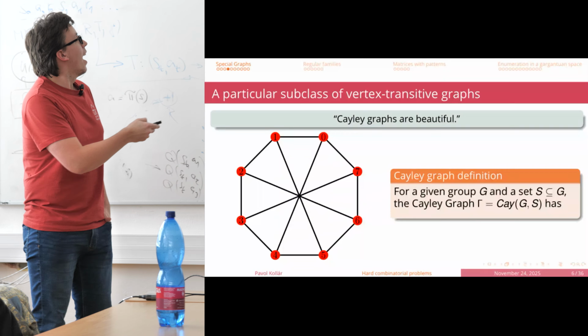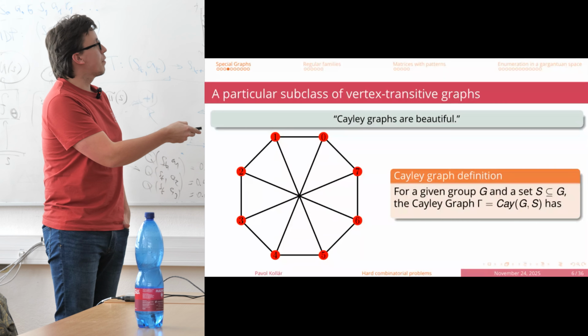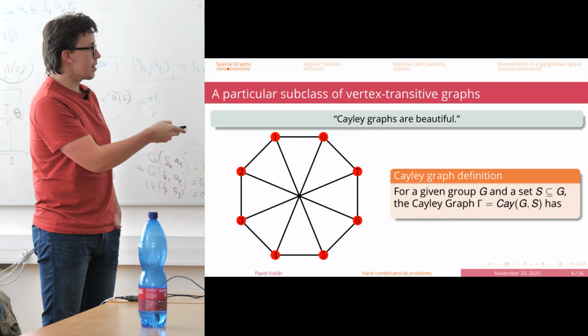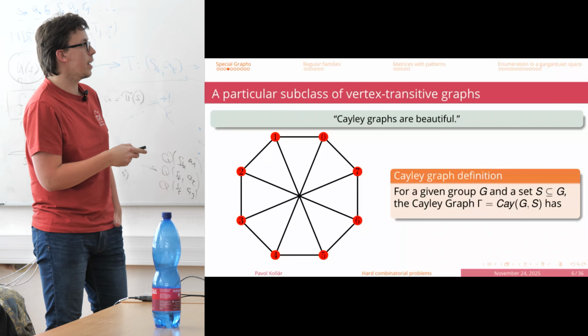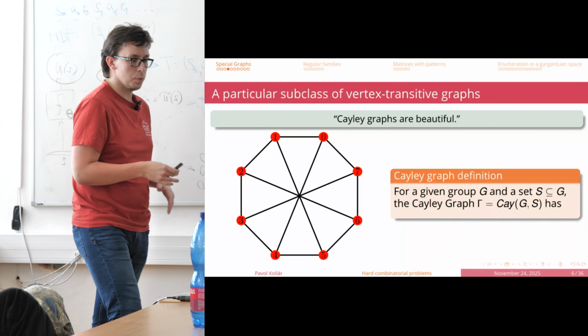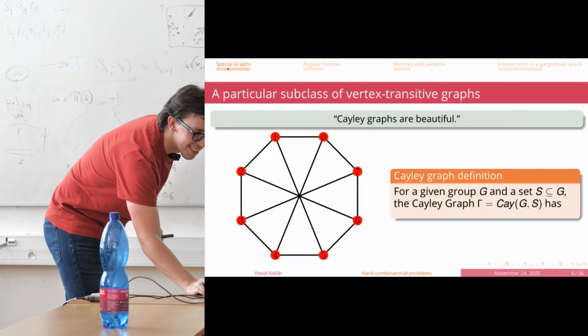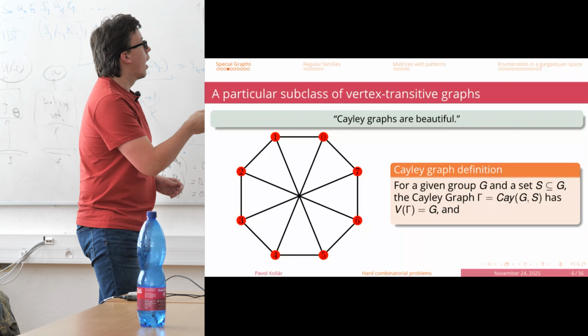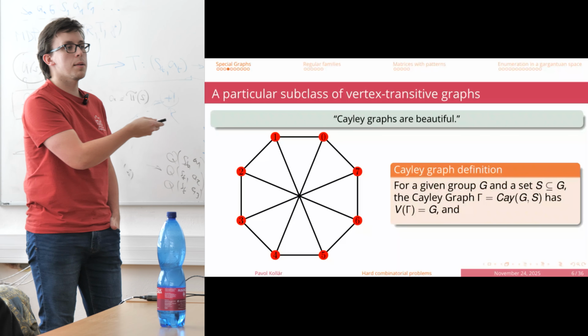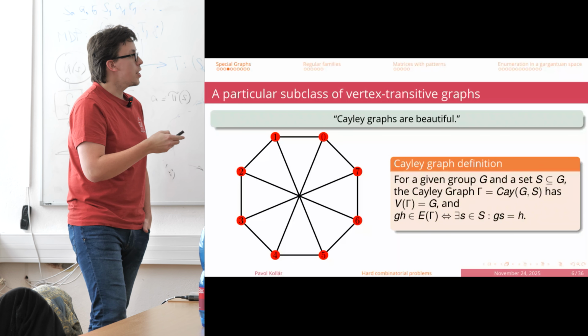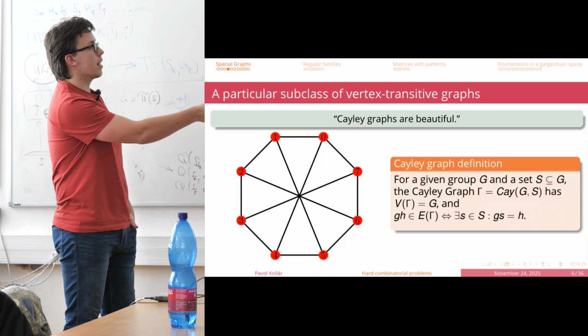Okay. A Cayley graph is defined from a group G and a subset of its elements S in a way that the vertices are the elements of the group, and the edges are dictated by the set S that we chose.